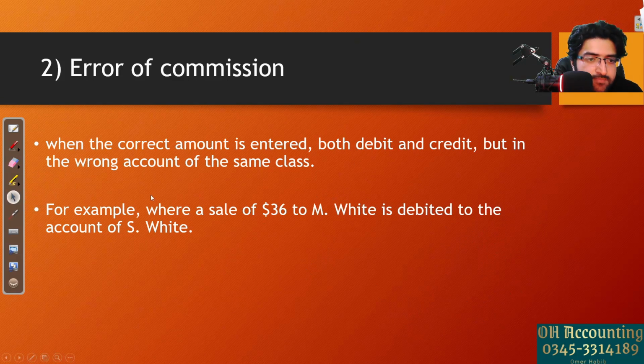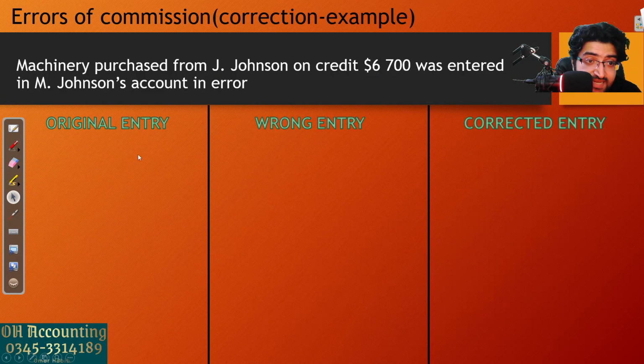Okay, let's move on. Again, 3 steps. I will repeat one more time what these 3 columns are for. And then from the next error, I will not tell you why I have made these 3 columns. Okay, so please pay attention. In this first column, we will record the entry that should have been if no error was made.